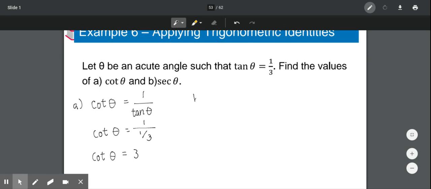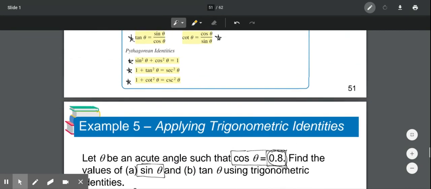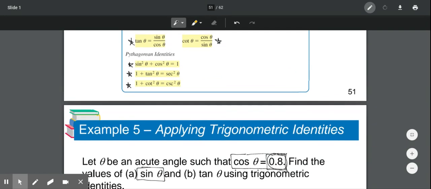The second part, though: we want to find secant of theta, and we're given information about tangent. So let's go back a couple slides and look at our trig identities. If you notice, this one right here says 1 plus tangent squared equals secant squared.